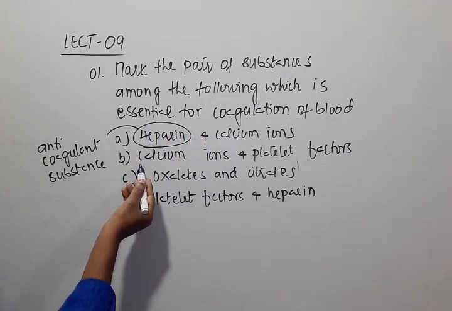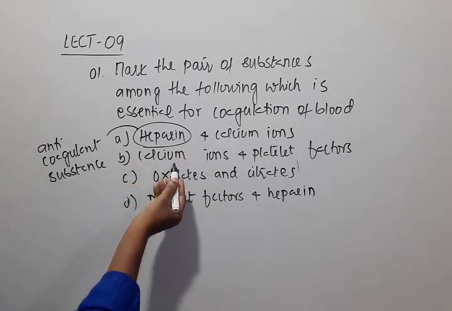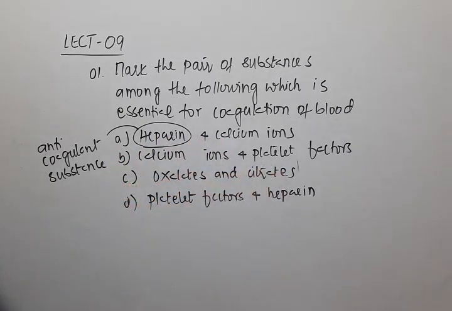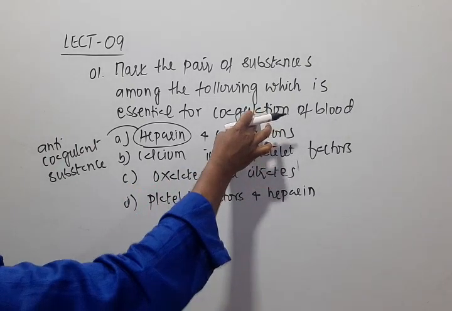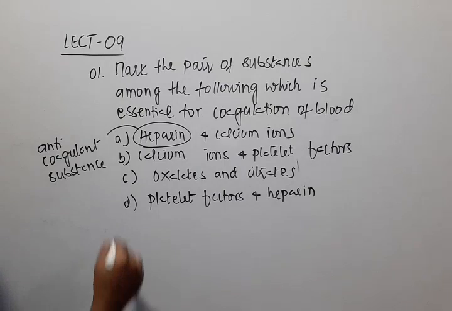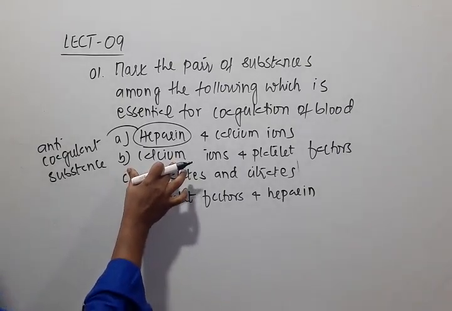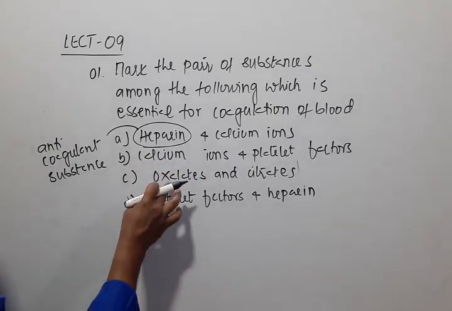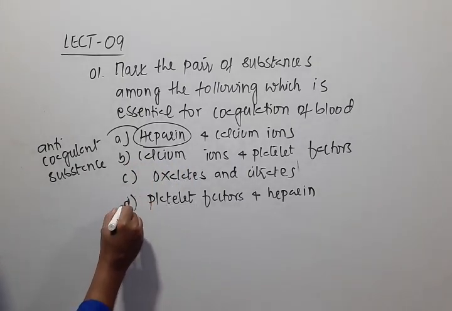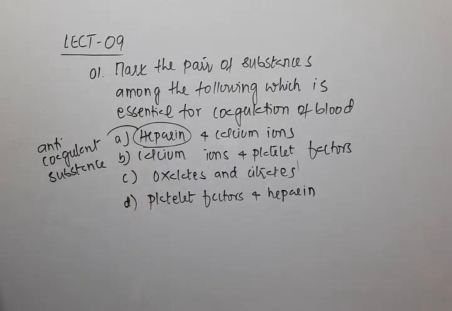The second one, calcium ions and platelet factors, are both helpful in coagulation of blood. Before we confirm option B as right, we need to check C and D also.